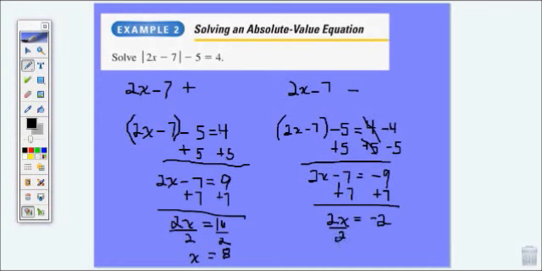Same process as we've been practicing, same algebra process. X equals a negative 2 divided by 2 would give me a negative 1. So again, I can have two answers to an equation dealing with absolute values. Again, these are equations. These are all dealing with equal signs.